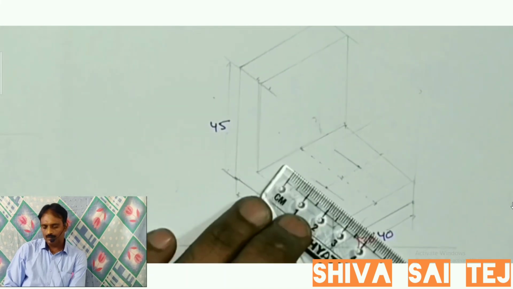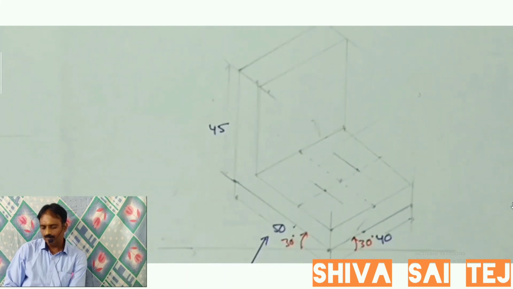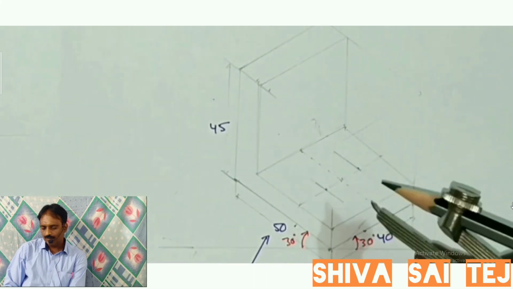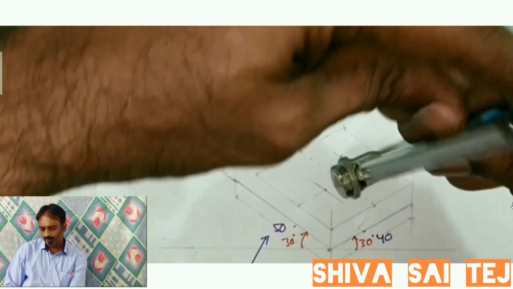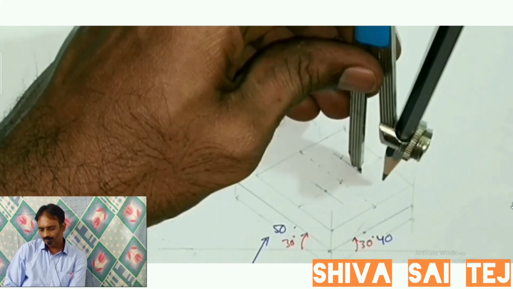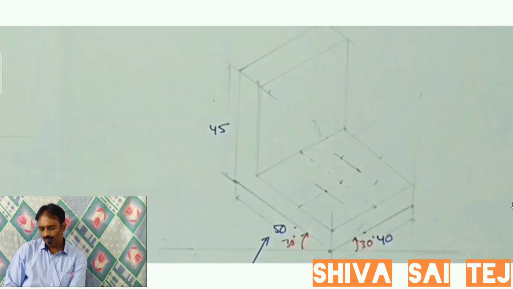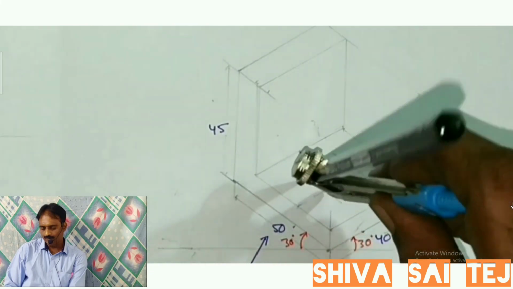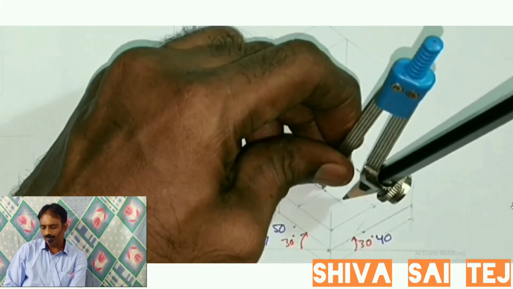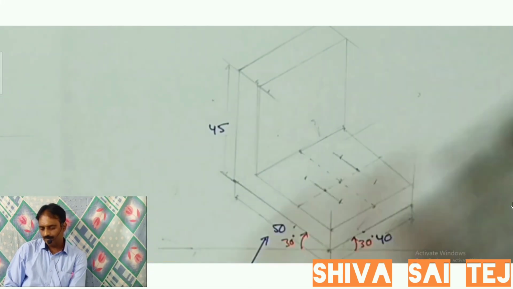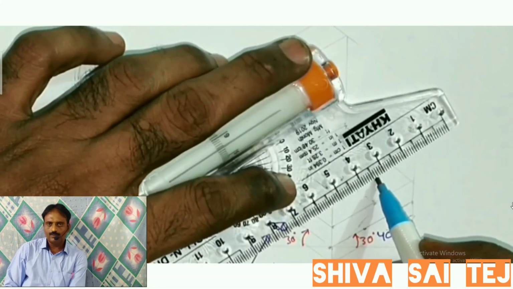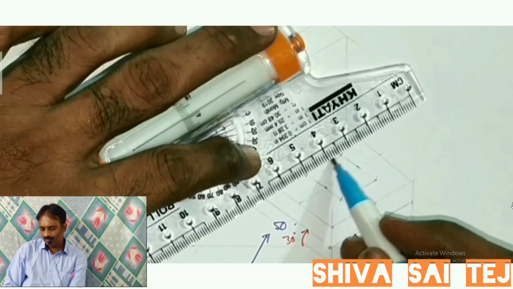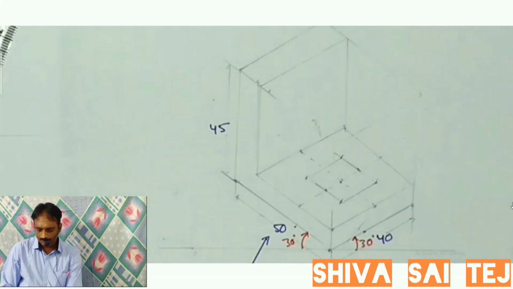We have to draw all these things very lightly because all these things are to be erased afterwards. So once the rhombus is completed, we have to identify the shortest diagonal and therefrom join midpoints onto the opposite sides. All these things we have seen in the previous session.